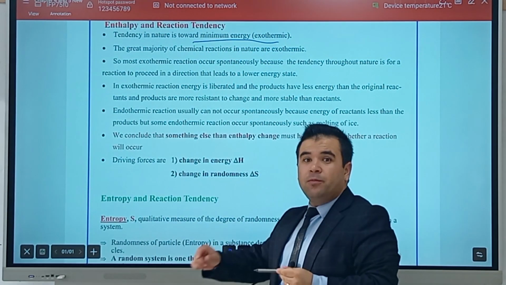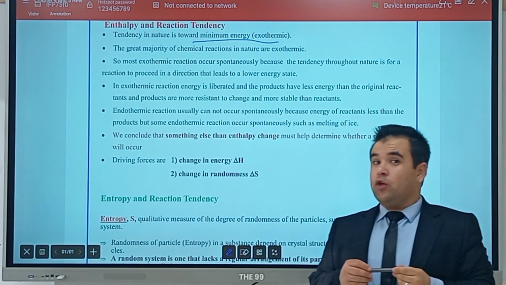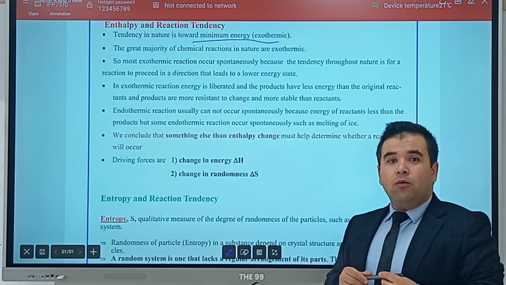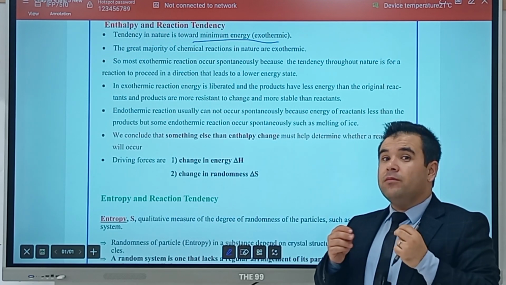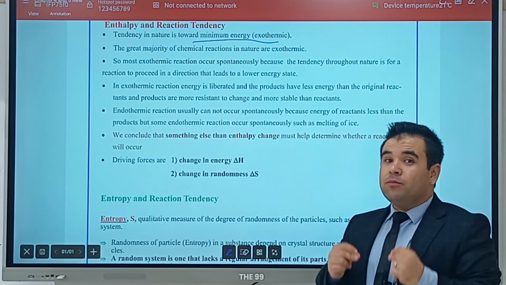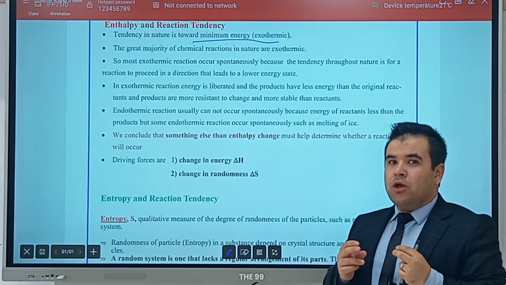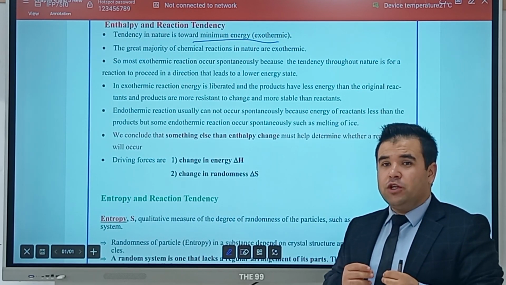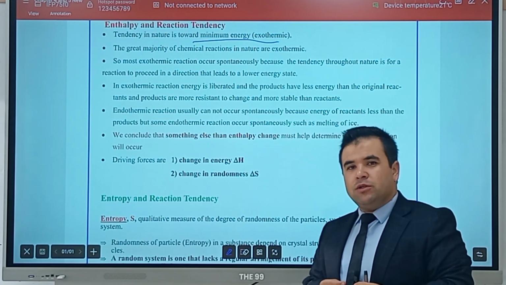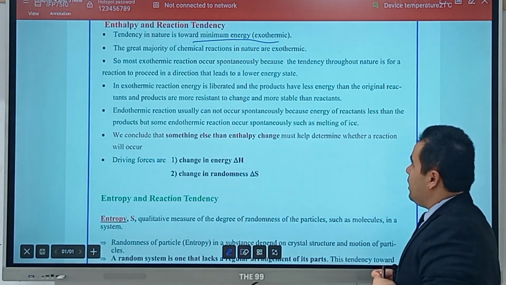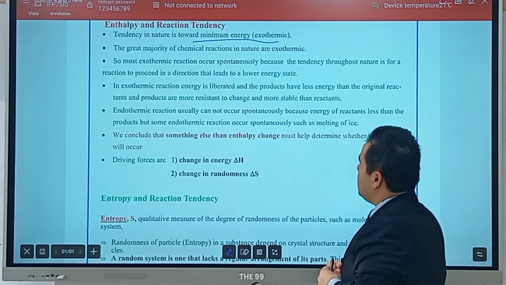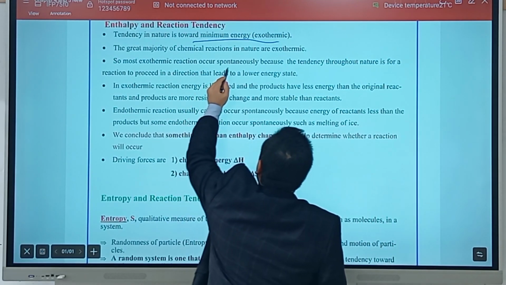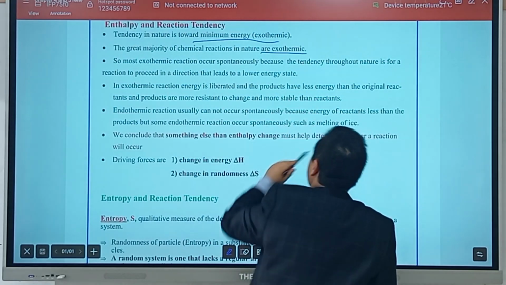Toward the minimum enthalpy, we mean the exothermic direction. So whenever we wanted to determine the favorable direction based on the enthalpy change, the exothermic direction should be the direction which favors the reaction. The great majority of chemical reactions in nature are exothermic.